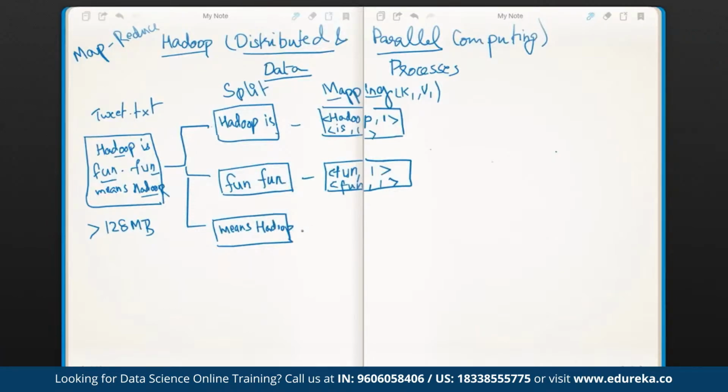And in the final block, the same process comes once again. Here we have 2 words. First the word means, which is given a value or count of 1, and then comes the word Hadoop. After we are done with this process, imagine what is really going to happen.